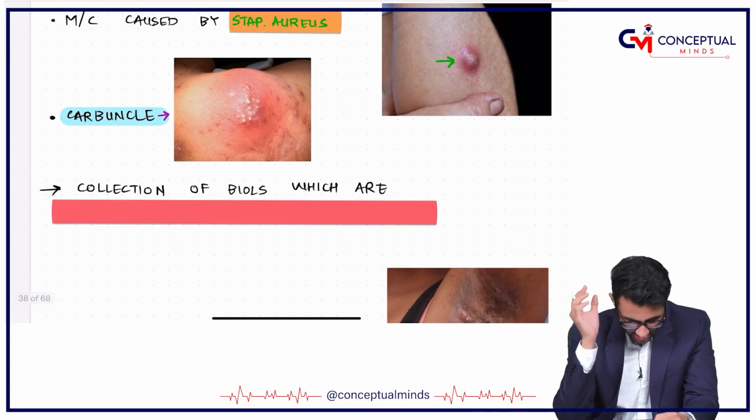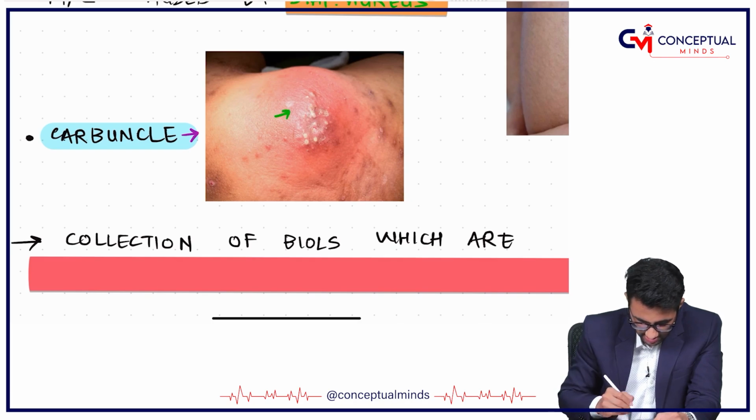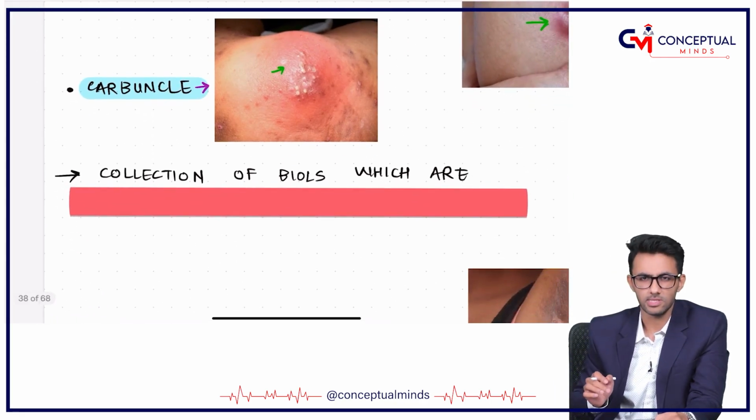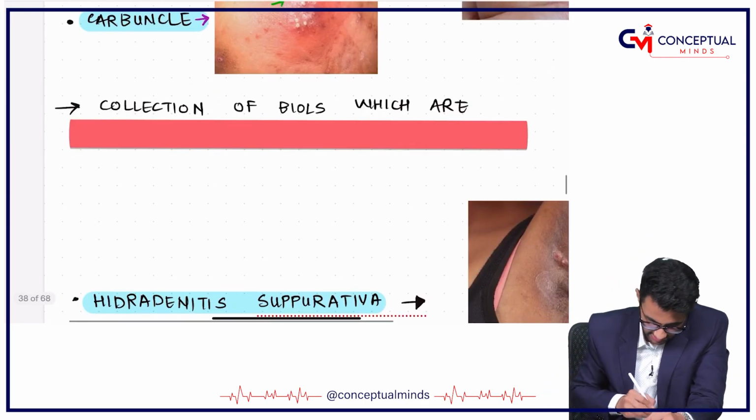As you can see, this is a very angry looking abscess, which at the sides, as you can see, we can clearly appreciate these small pustules. So how would we describe them? These are a collection of boils, which are a collection of inflamed hair follicles.